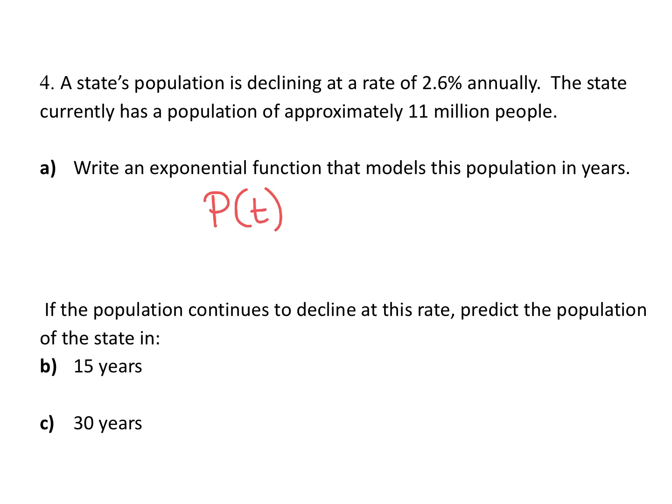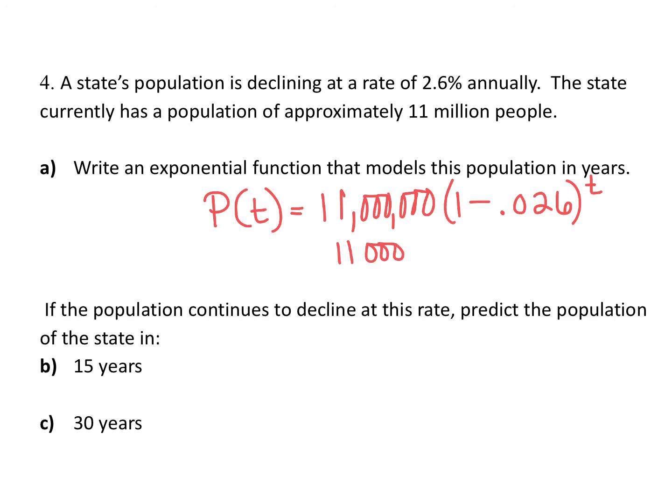Again, I'm going to use P of t, my initial value, 11 million, and my population is declining 2.6% each year. Writing this out one more time, simplifying my base, it becomes 0.974.